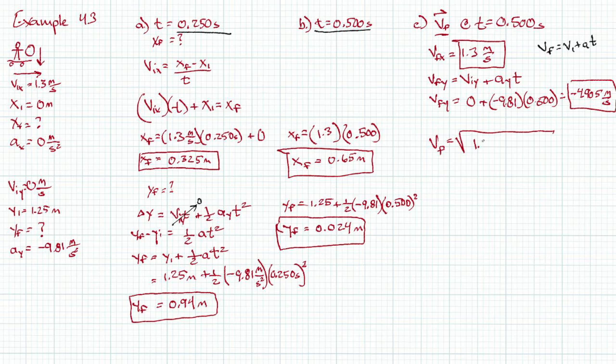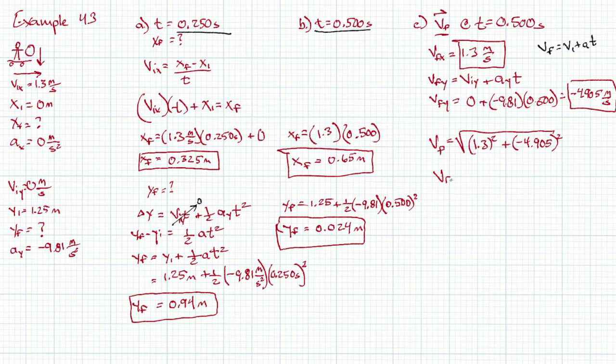So it's 1.3 squared plus the final of the y component squared, negative 4.905 squared. So this will give us the full value of the velocity at 0.5 seconds.